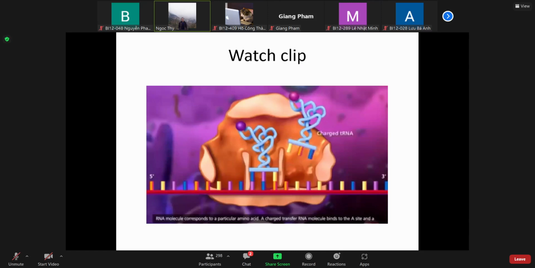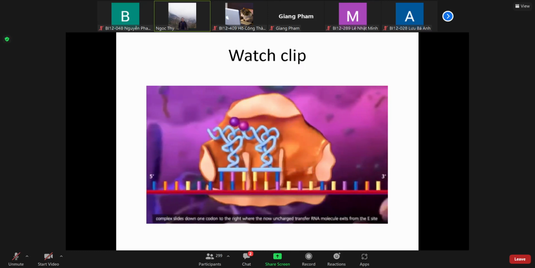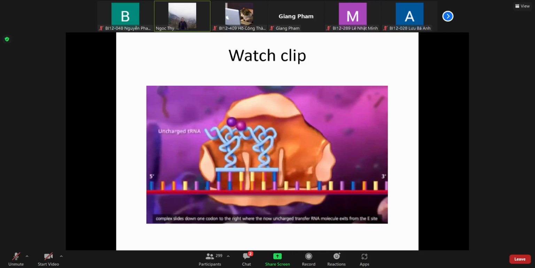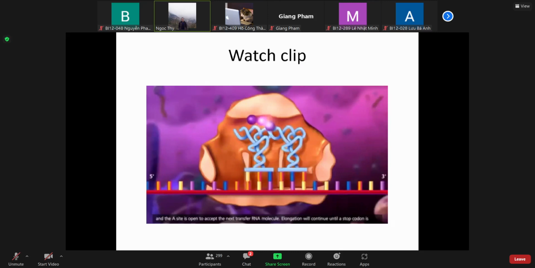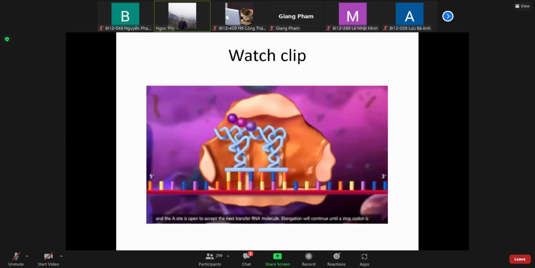A charged transfer RNA molecule binds to the A site, and a peptide bond forms between its amino acid and the one attached to the transfer RNA molecule at the P site. The complex slides down 1 codon to the right, where the now uncharged transfer RNA molecule exits from the E site, and the A site is open to accept the next transfer RNA molecule. Elongation will continue until a stop codon is reached.